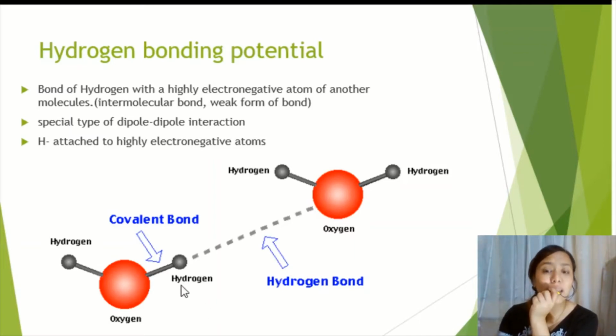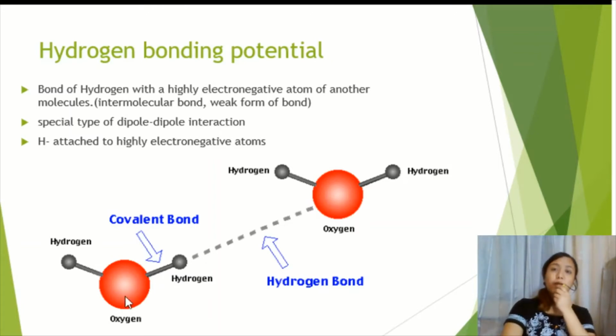So your hydrogen here has only one valence electron. In your oxygen, you have actually 6. So when you look at it, the oxygen actually pulls that one electron present in your hydrogen. It's not a complete transfer, because if it takes all the electrons from hydrogen, then there will be no existence for your hydrogen.